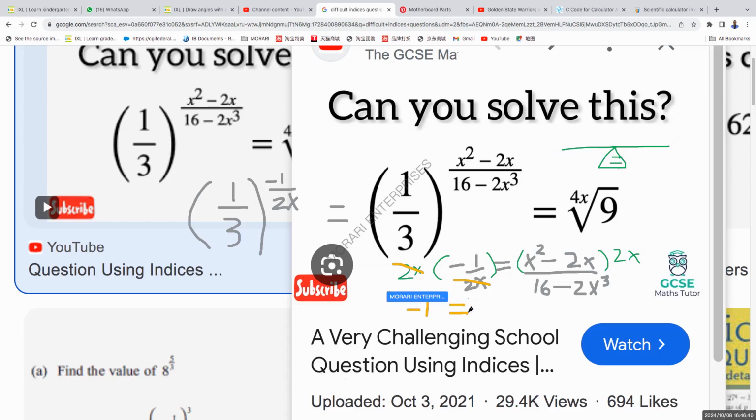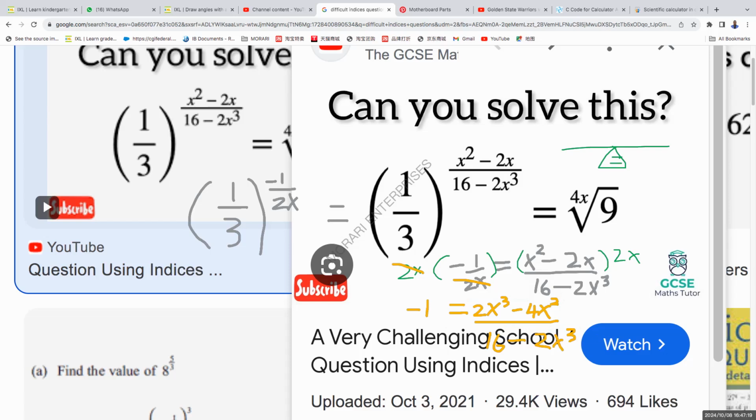And that will be equal to, on this other side, 2x will multiply x squared, which becomes 2x cubed. Then 2x will multiply negative 2x, which will be negative 4x squared. So 2 multiplies 2, x multiplies x, we have x squared. And then here we'll have 16 minus 2x cubed. Very good.